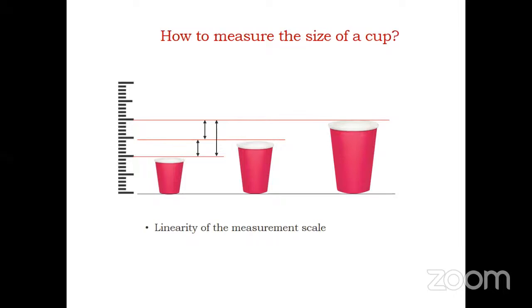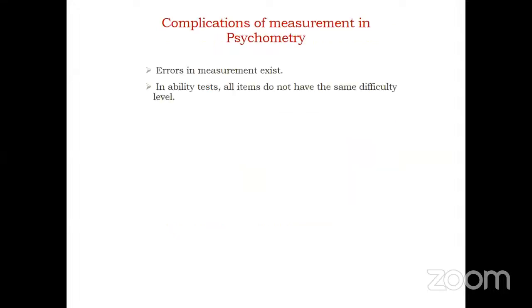But when we consider any psychological assessment, then it becomes a problem. The complications that we face in psychometric assessment are, firstly, that there are a lot of errors that can exist in the measurement, some errors on which we do not have any control.